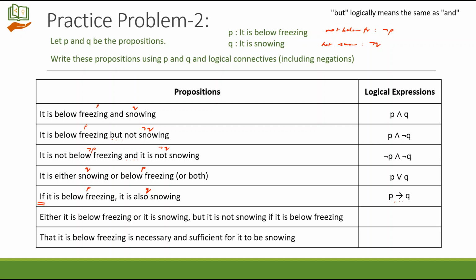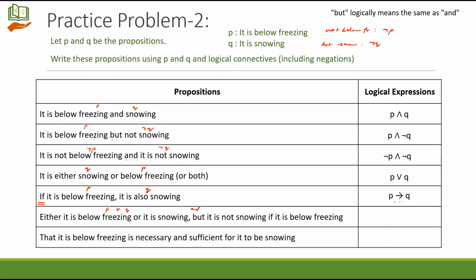Either it is below freezing or it is snowing. So here it is P or Q, but it is not snowing if it is below freezing. But it is actually and here.